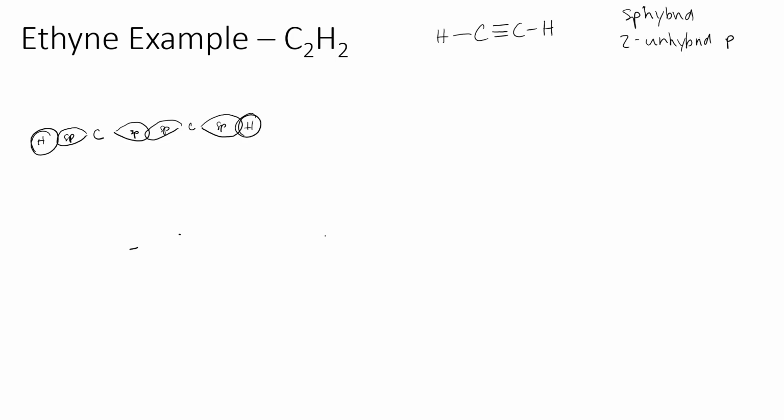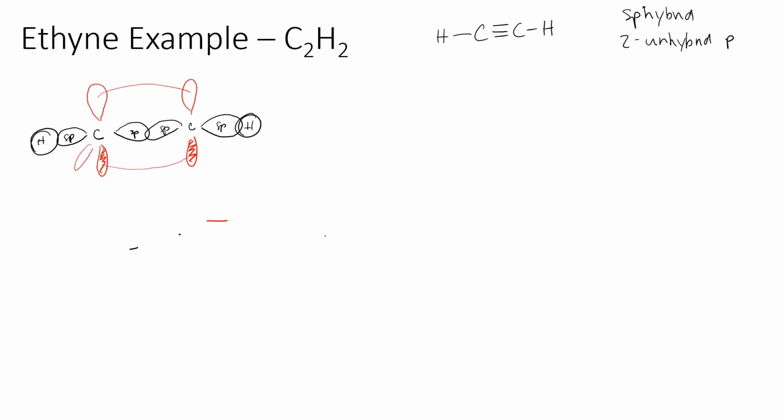But now I have to fill in those unhybridized orbitals, and it's going to be those unhybridized orbitals that's going to account for the second pair and the third pair of electrons shared between the two carbon atoms. So with this, I have my two unhybridized p orbitals. I'm going to go ahead and put one of them in that x-axis, and I'm going to shade one lobe on each of them, and this is where we will see the overlap for the second pair of electrons shared between the two carbon atoms.